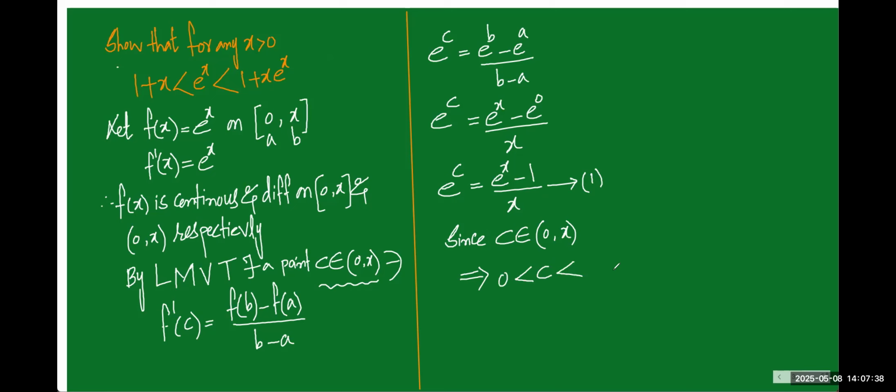Correct? So what to do here is, सबको base e power लगा, e power 0 is 1, is less than e power c की वैल्यू जो equation number 1 में है, देखो e power x minus 1 divided by x is less than e power x. So what to do? Multiplying x on both sides.